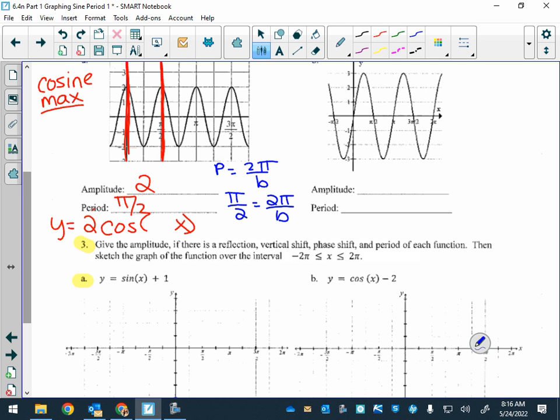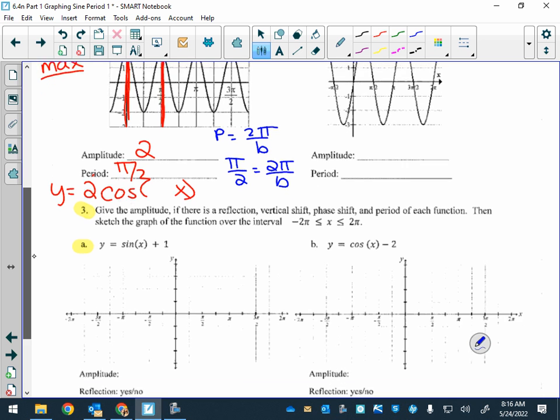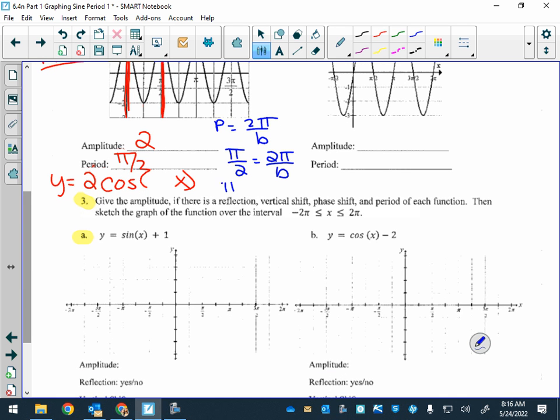What's the first thing? Cross multiply. If I have pi times b, and then I have 4 pi, how do I get b by itself? Divide both sides by pi, and what happens on the right-hand side? 4 pi divided by pi cancels the pi out, so my b value is 4.